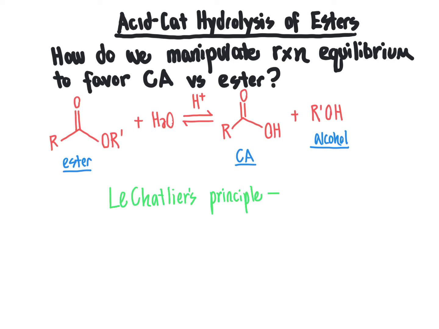One way to change the equilibrium of the reaction is to add an excess of one of the reactants. If you add an excess, which I'm going to abbreviate as XS for excess, of just one reactant, that will force the equilibrium toward the opposite side of the equation.